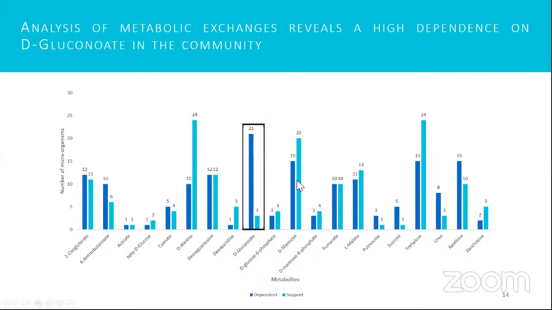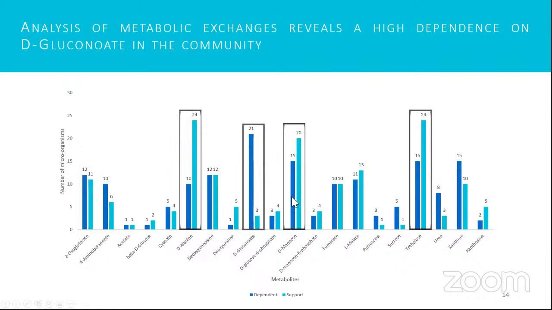What we see is that many organisms are dependent on the metabolite D-gluconate, which is provided by many of the fungi over here. And D-alanine, D-mannose, and trehalose are provided by many organisms in support of the community.